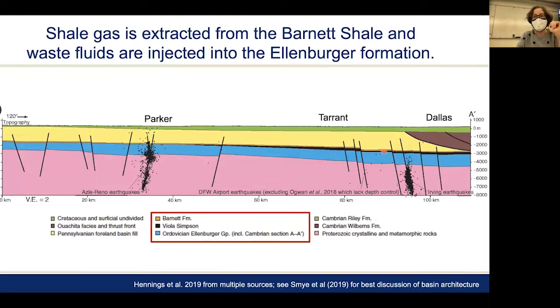In some places, as at the deeper levels of the basin near the city of Dallas, there is an intervening unit called the Viola Simpson that separates the Barnett from the Ellenberger. We'll look at these faults in more detail, but the faults associated with the seismicity in this area are all deep-seated in the crystalline basement. They extend up through the Ellenberger and connect directly into the Barnett and go a little bit higher than that, but they do not reach the surface.